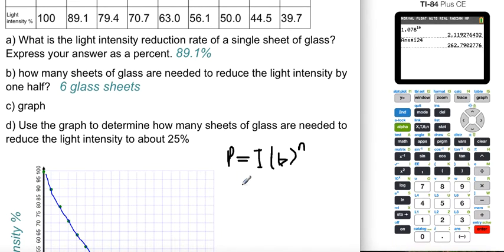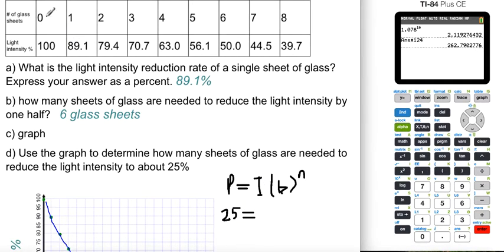So I want my light intensity to be 25. So I want this to be 25. My initial value, we know when there's 0, so my initial is 100%. So my initial value is 100.